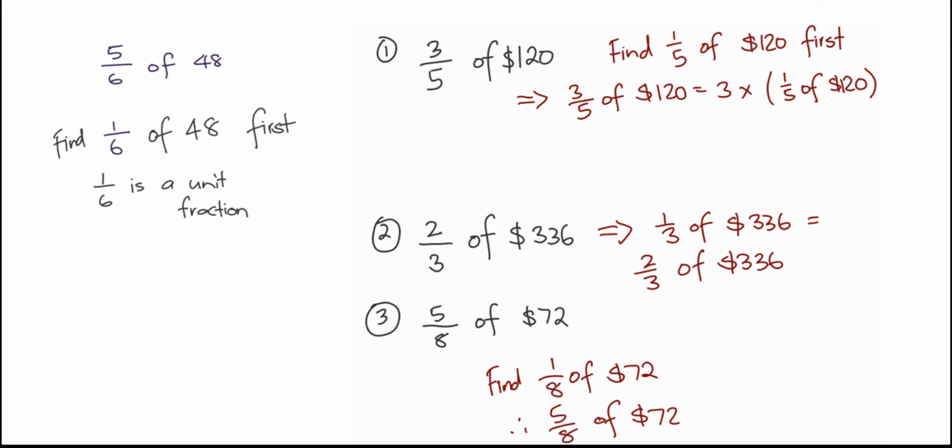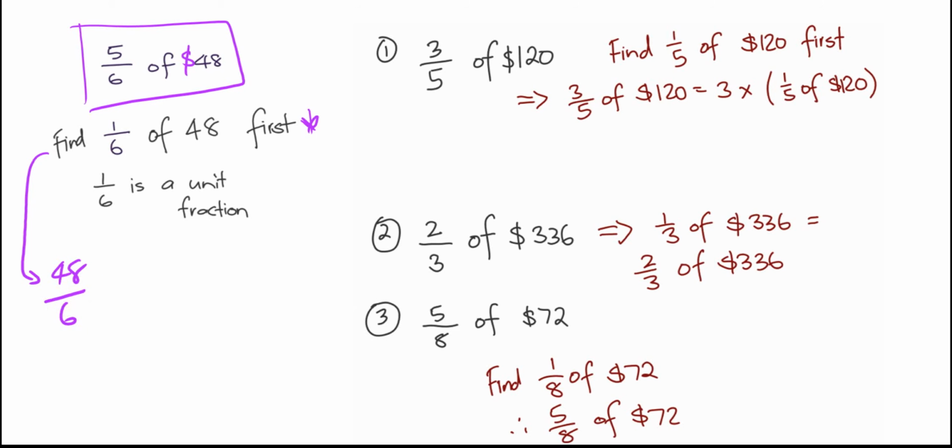Okay, so if we look at this example here, 5/6 of 48. Let's make that $48 so we can put a context to this problem. So first of all, we want to find out what 1/6 is. So 1/6 is the same as 48 divided by 6, which is equal to 8. So 1/6 of $48 is equal to $8.